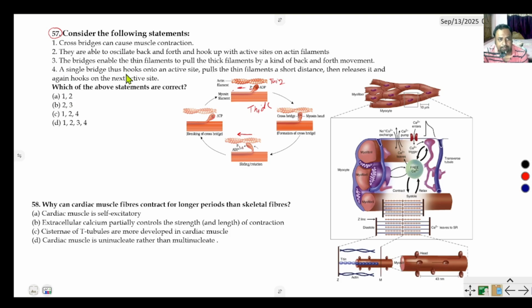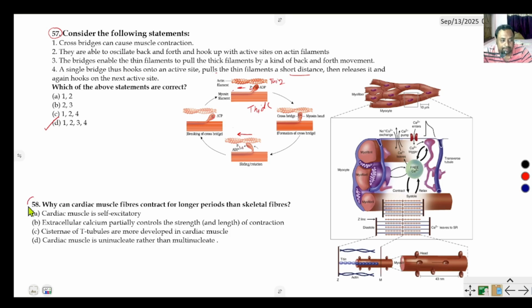A single bridge thus hooks onto the active site, pulls the thin filament a short distance, then releases it again and hooks on to the next active site. The myosin binds to the active site on the troponin side of the actin filament, then causes muscle contraction through the sliding movement over a small distance, and again releases and binds to the next active site. So option D, 1, 2, 3 and 4, all are right.